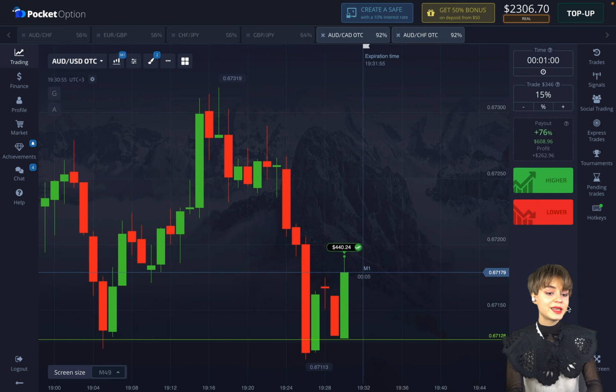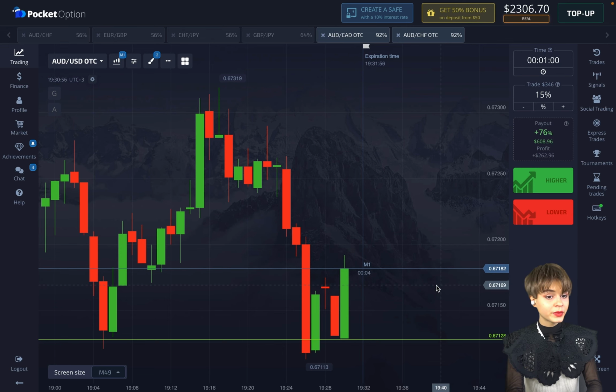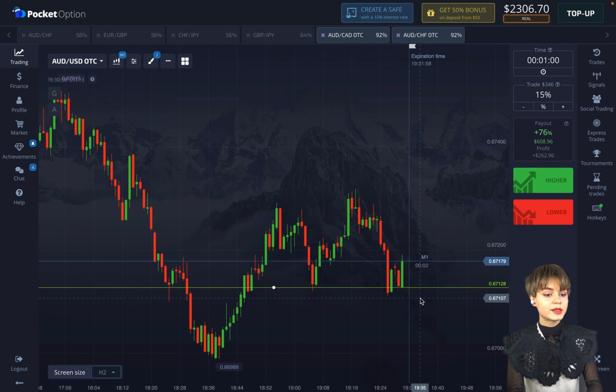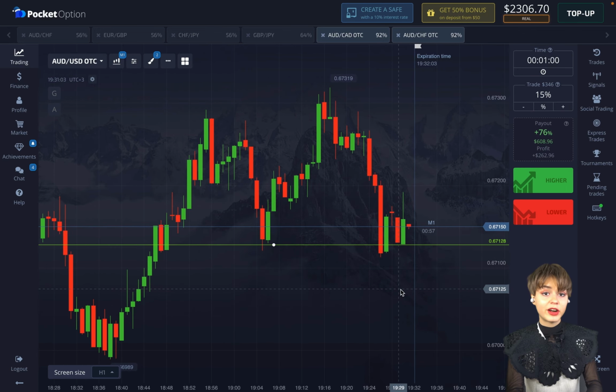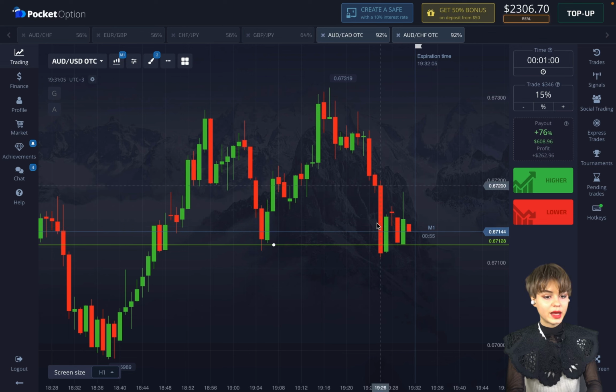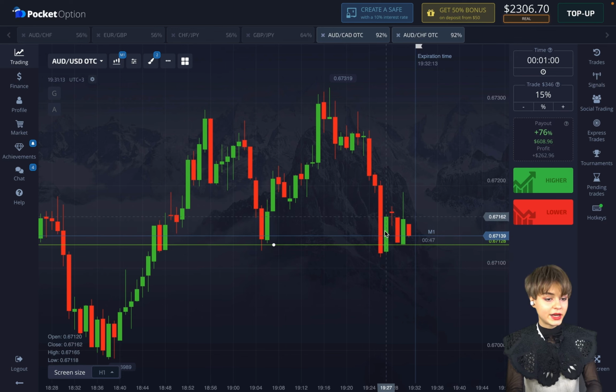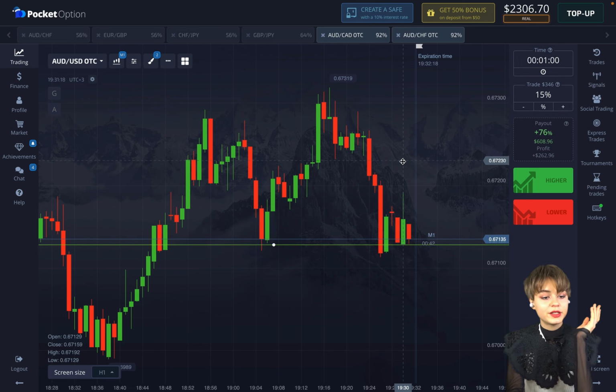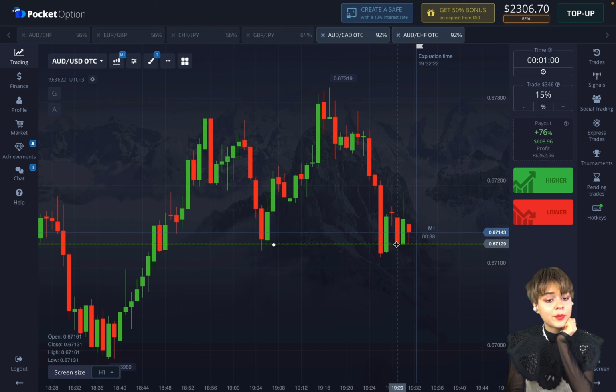So the case is pretty similar to the series of deals here. The only difference is that previously we had a resistance line, now it's a support line conversely. And what happened? We were corrected, so we fell down to the support line. I saw a rollback, a clearly seen green candle, and thinking that the chart will keep on moving up, I opened the deal with higher, of course, but the next candle, as it happens sometimes, was suddenly red.